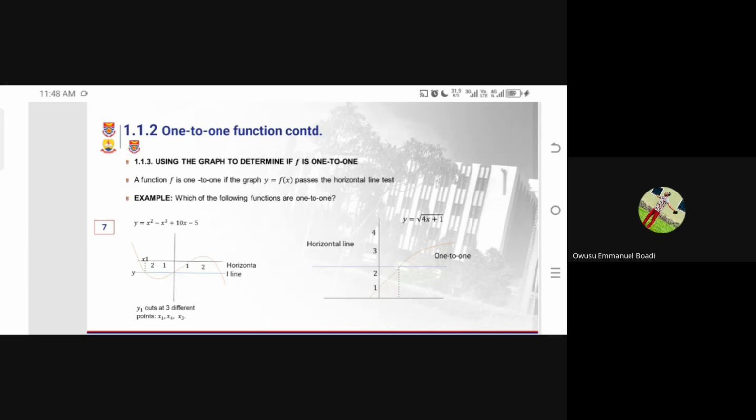If you notice, this second one, root 4x plus 1, is a linear function. But the first one is a polynomial with degree 3, so it will cut more than 1 point, and this will make it not one-to-one.